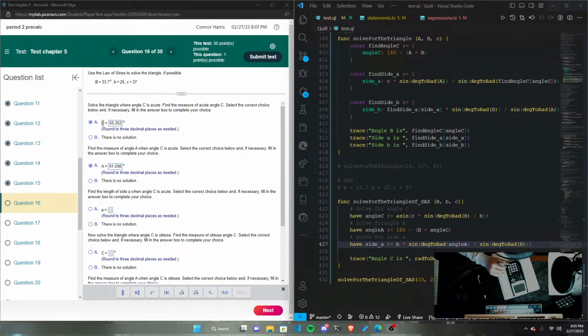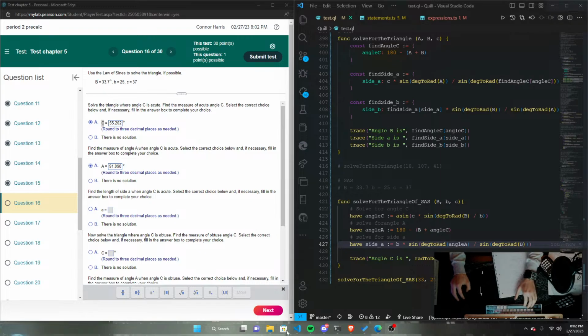That does not seem right. Oh, no. We need to do it in degrees, because we have degrees, not radians. I'm dumb. Yeah, that makes more sense. 45. Oh, there we go. That felt good.